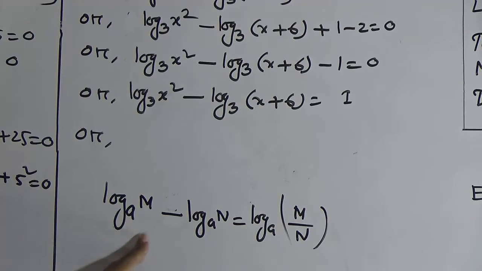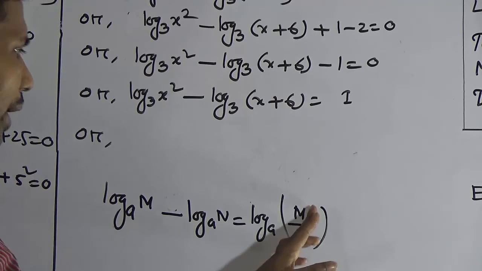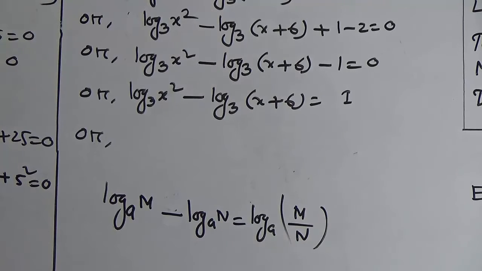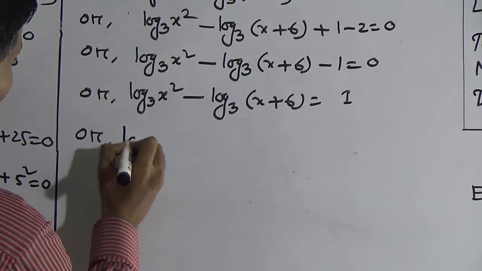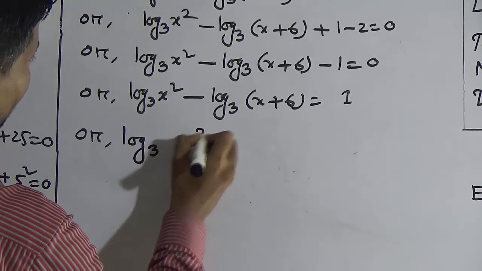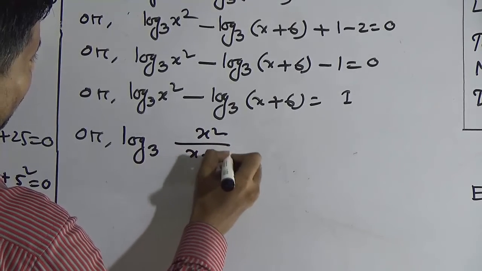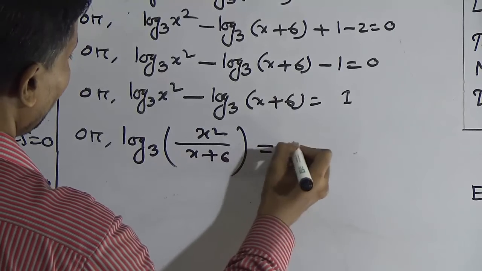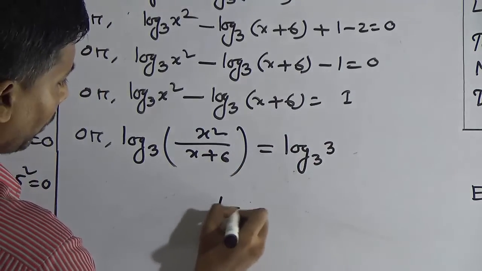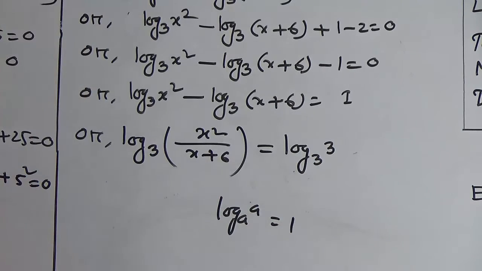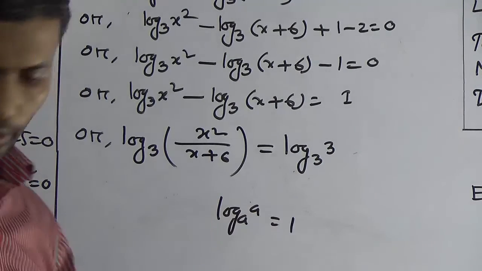You know log a of m minus log a of n equal to log a of m by n. This is the formula for logarithm of division. Now see, this is like this form, so we have to write log 3 of x square by (x plus 6), and 1 can be written as log 3 of 3. We know log a of a equal to 1, similarly log 3 of 3 equal to 1.